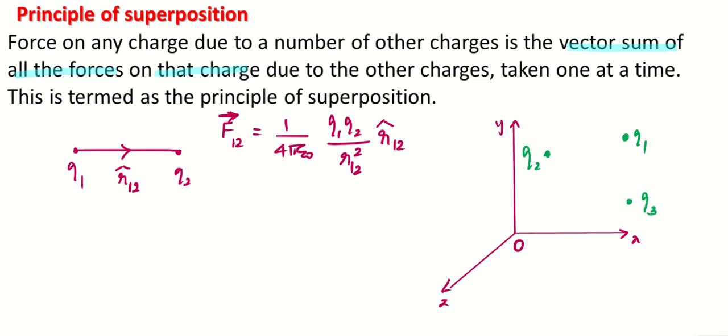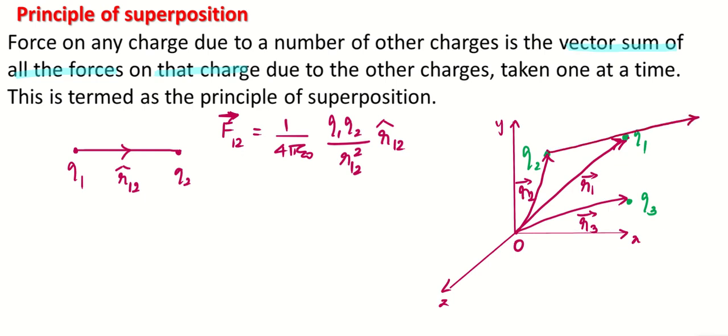Now the position vector of Q1 is R1 vector. Position vector of Q2 is R2 vector. Position vector of Q3 is R3 vector. The force acting on Q1 due to Q2. இப்போ இந்த Q2 வந்து Q1 repel பண்ணுது அப்படின்னா it will act this way.